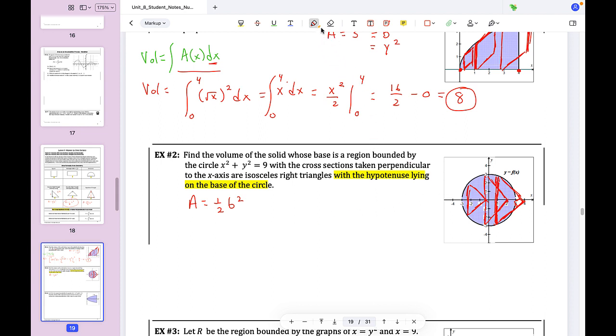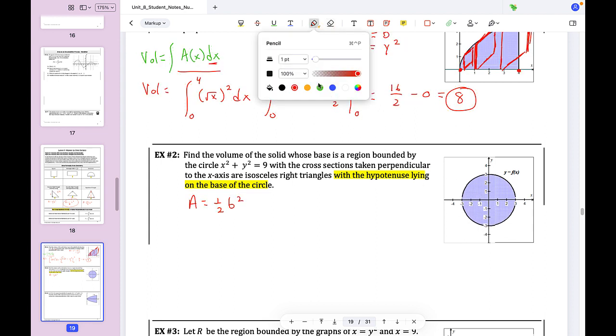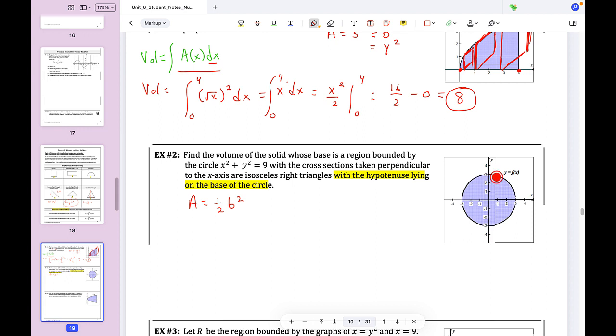So this one we have to do a little bit of algebra. Here's my triangle right here. So I'm looking for that base right there.